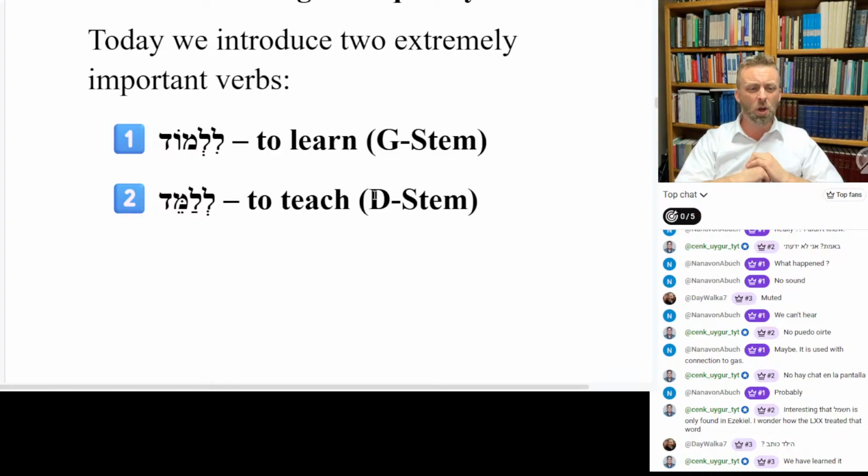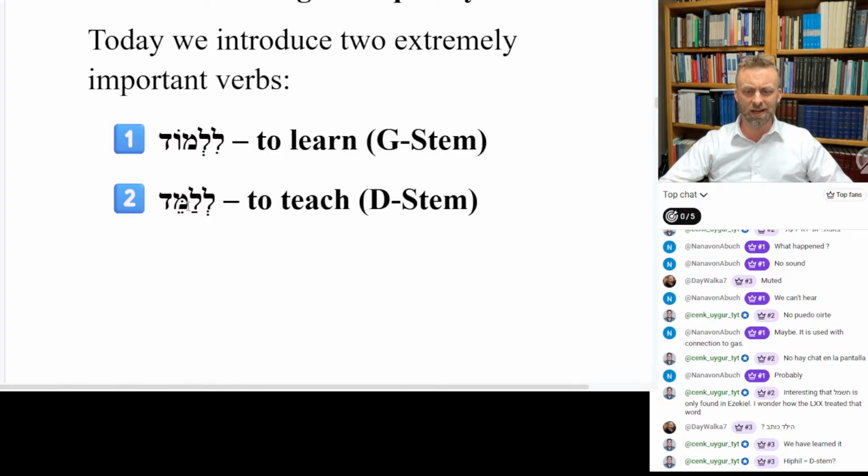All right, now, G stem we said was from German. The G is, again, Grund, I think you'd pronounce it. Nana, correct me if I'm wrong. But that's the foundation stem. The D stem, we call it D because the middle consonant of the root is doubled with a dagesh, okay?